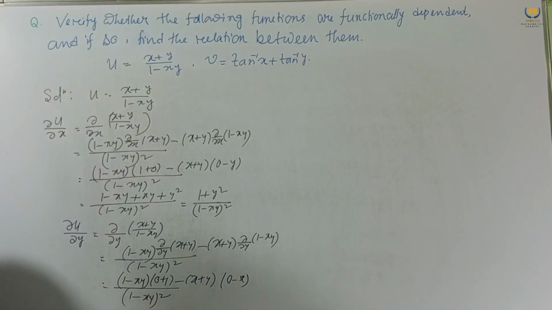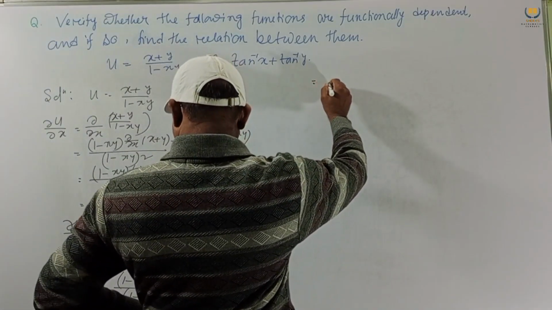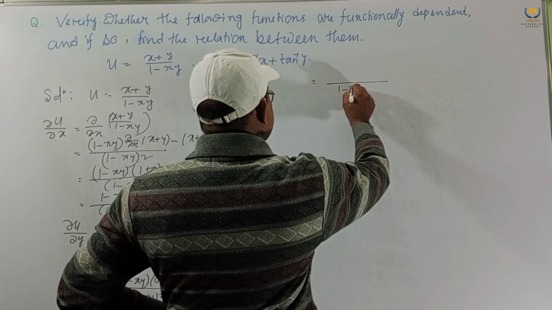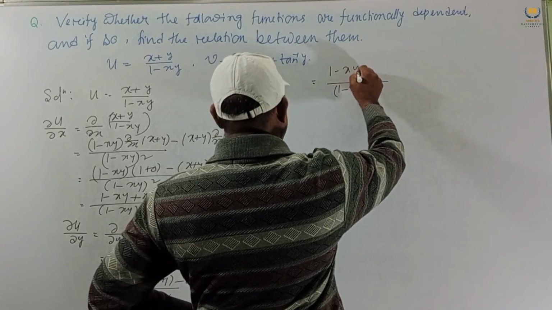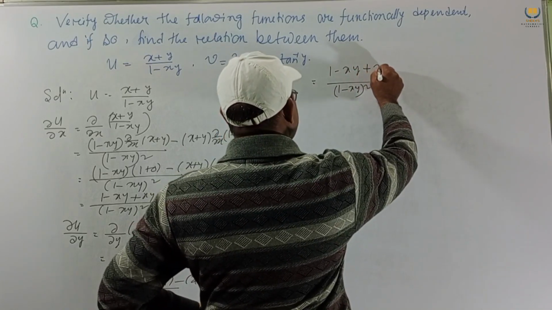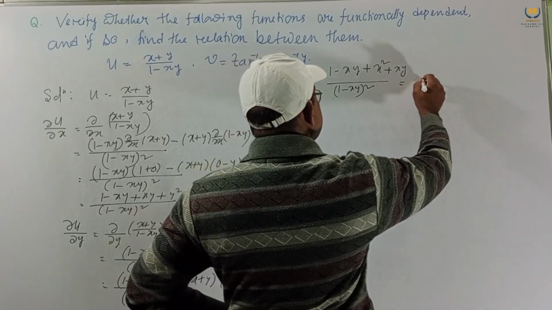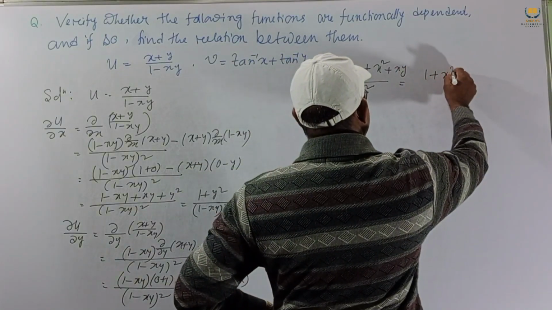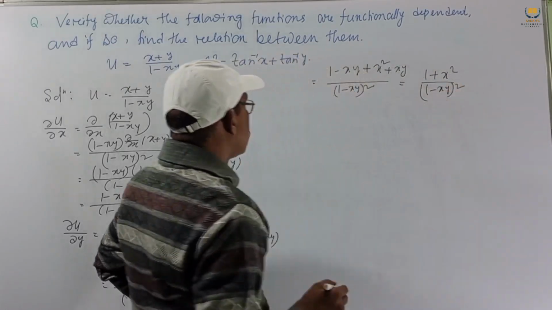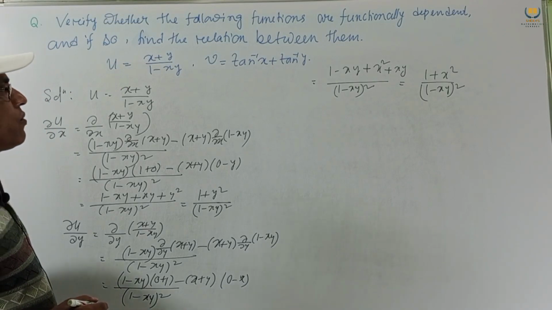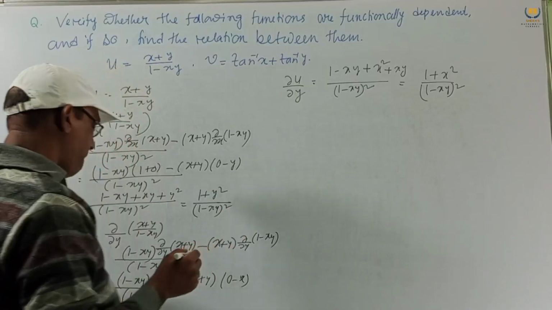We get this 0 minus x. Next this will be 1 minus xy whole square, 1 minus xy plus x square plus xy, and this is 1 plus x square by 1 minus xy whole square. We get this is del u del y.